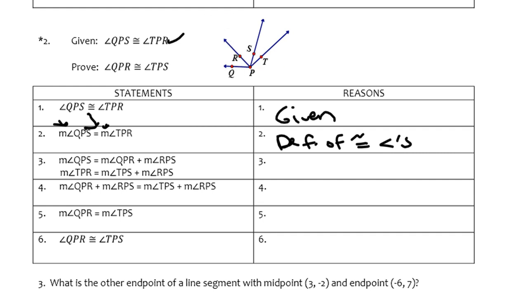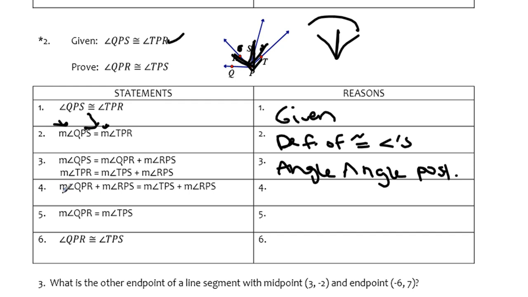The next one says TPR, T to P to R, equals TPS, this angle, plus RPS, this angle. So it's saying little angle plus little angle equals the whole angle. That's the angle addition postulate. Just like the segment addition postulate, two pieces make up the whole.